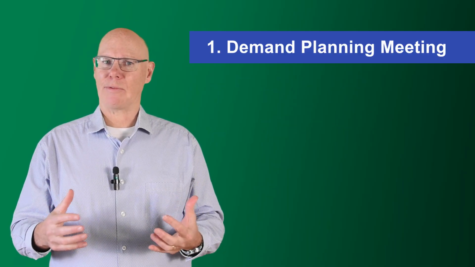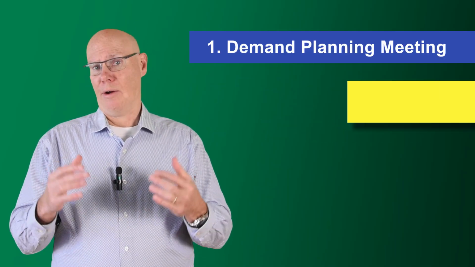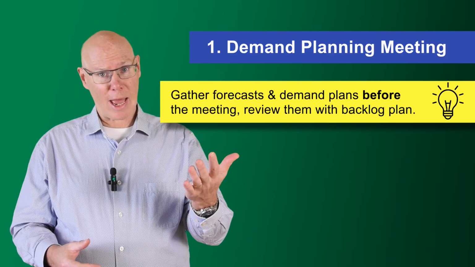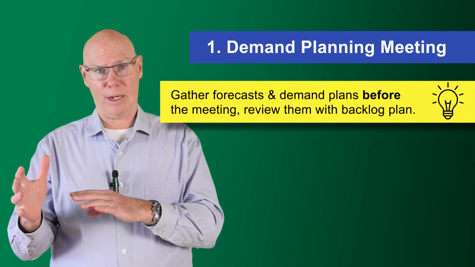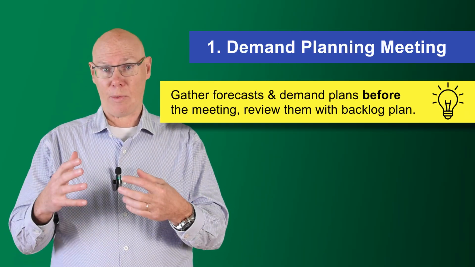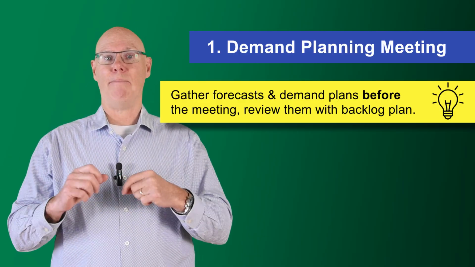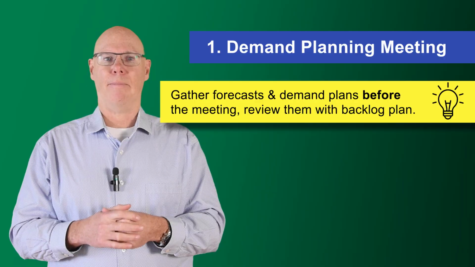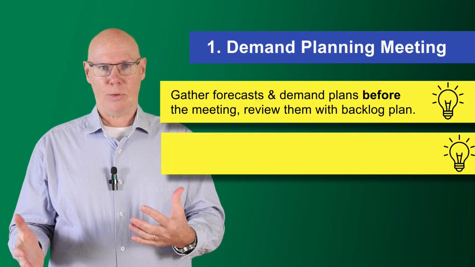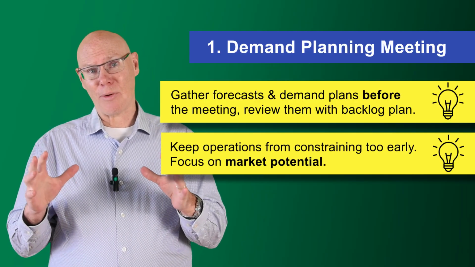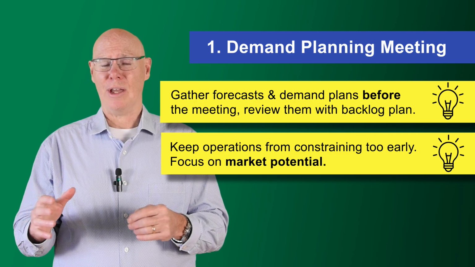A couple of tips for this meeting are, first of all, gather forecast and demand plans before the meeting. Review them along with the current backlog to start developing the risks and assumptions that make up the current plan. Number two, keep operations from constraining too early.